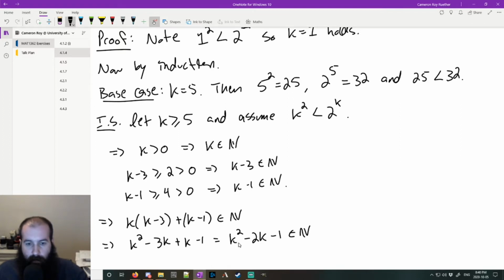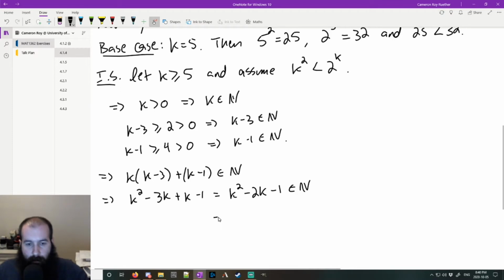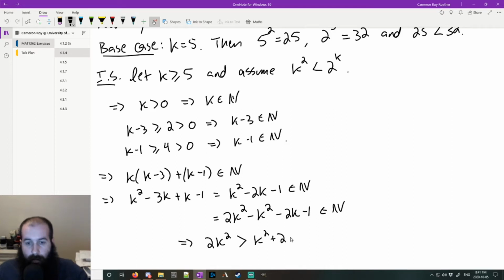This we can change slightly more. We can write this as 2k squared minus k squared minus 2k minus 1, which is natural. And now we have something subtract something else is natural. And so this means that 2k squared is greater than k squared plus 2k plus 1. So we have this inequality.